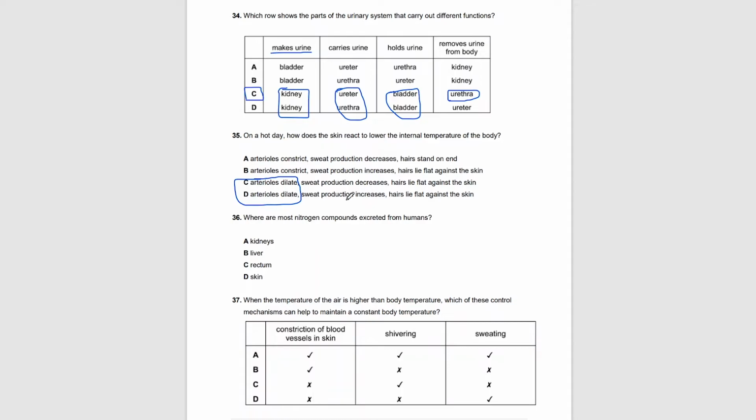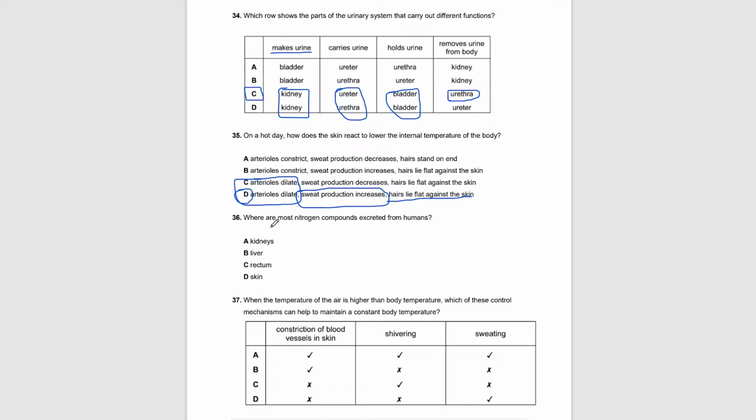Sweat production should increase because the more the sweat, the more heat is lost by evaporation, because the skin loses more heat as the sweat evaporates from the surface. Hair lies flat against the skin. So when the hair lies flat, it traps no air to act as an insulator, so heat is lost more efficiently.